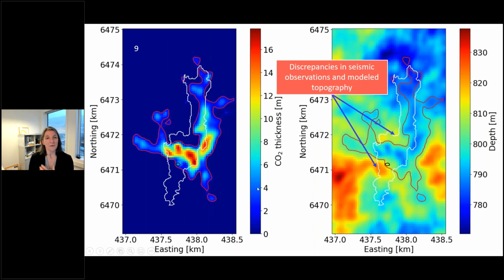You're already learning a little bit about this model. On the left is an example of the simulation we just saw, compared to the white, which is the seismic polygons. There are discrepancies, obviously, because maybe we haven't matched, but I think they're also driven by the topography, shown on the right, which is the depth of the top surface.